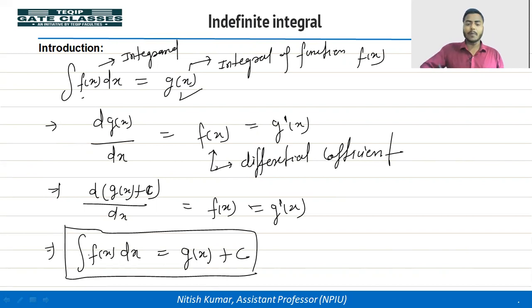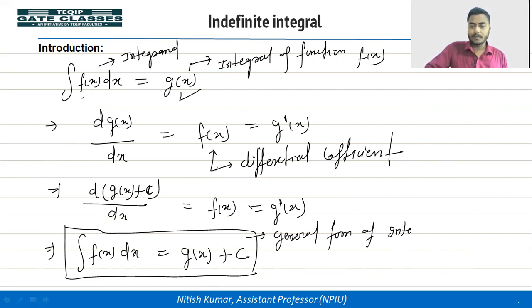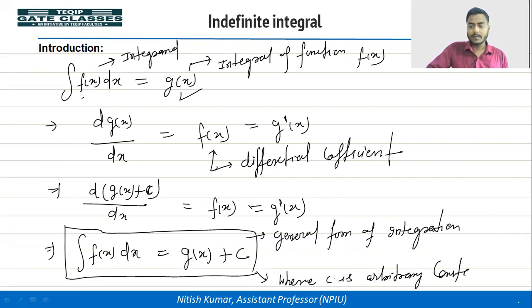So this will be the general form of integration, where c is an arbitrary constant. Now if you change the value of c, you will get a different integral function.